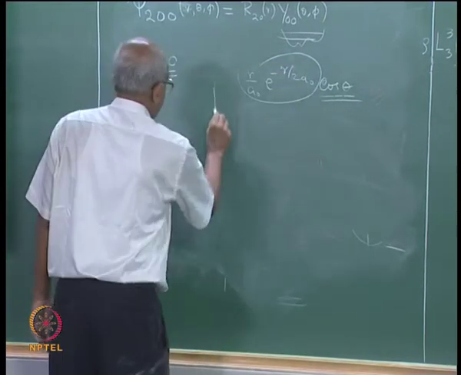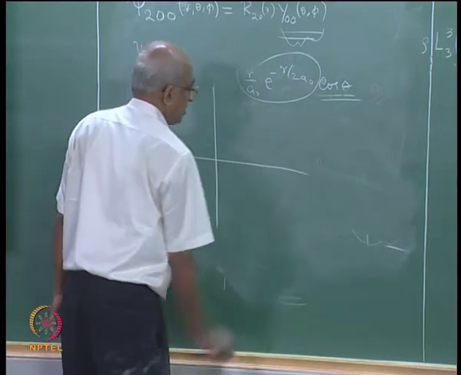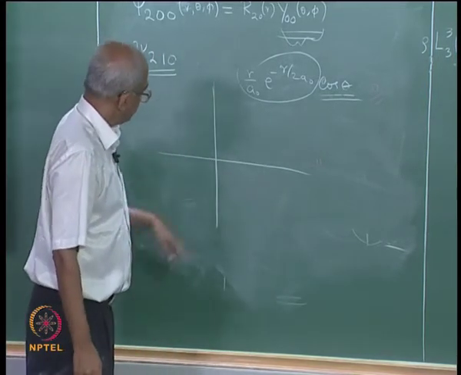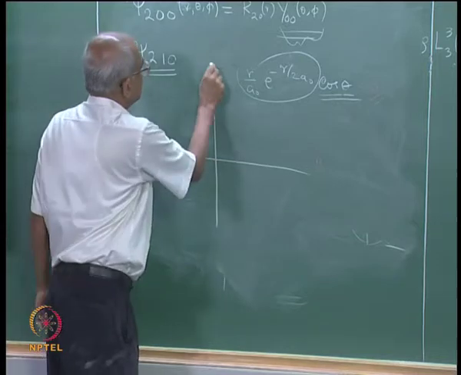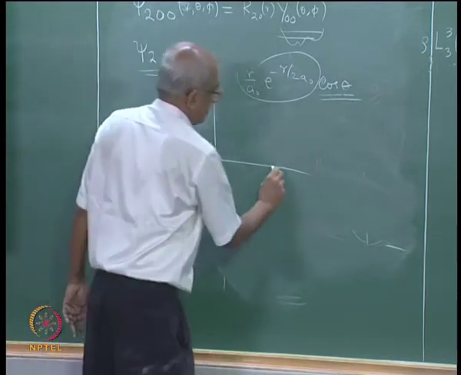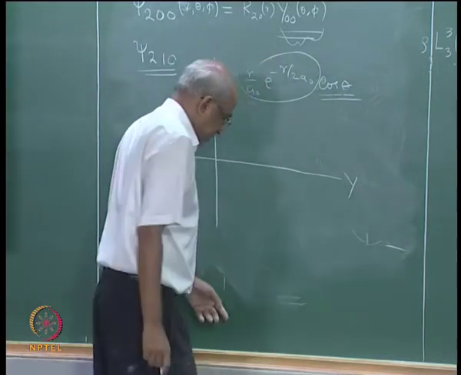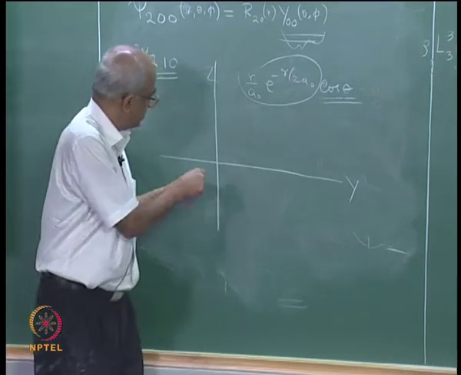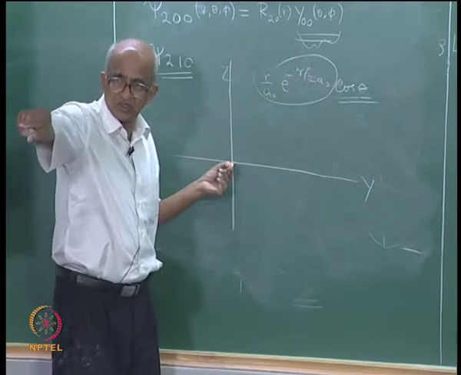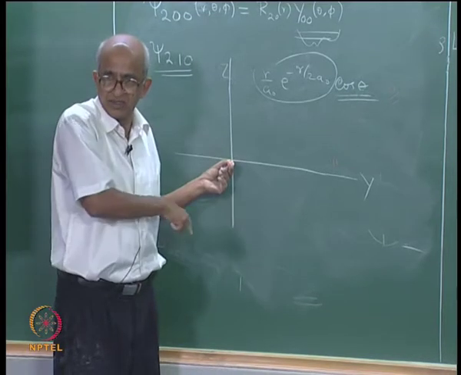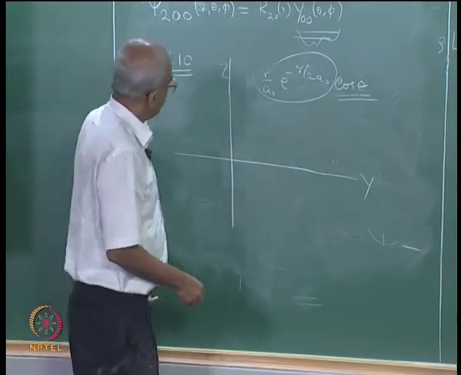Well, very quickly, let me say I have my coordinate system, this is my z axis, this is my y axis, and the way it has been put, the x axis will be like that, pointing towards you, and I am not going to show that. Okay. So, what will I do?